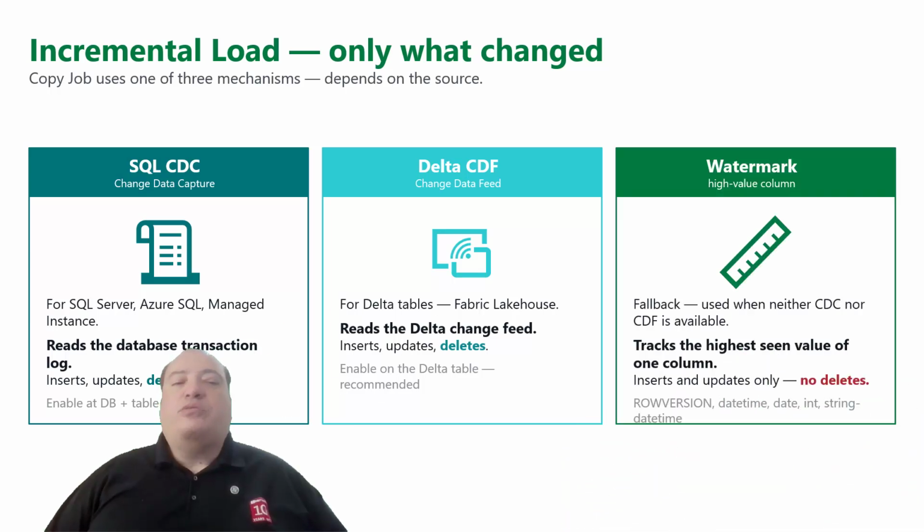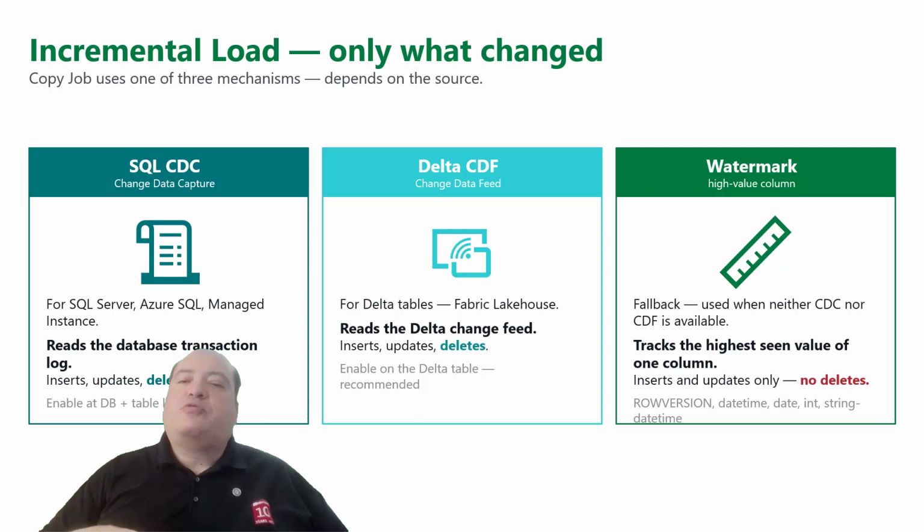Or, if we don't have any of these source features, we can use a simple watermark. We can use a value that can be identified, and every record above a specific value in this field will be retrieved. It's like a row version field. The copy job supports this kind of watermark field.